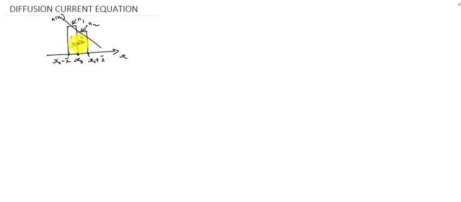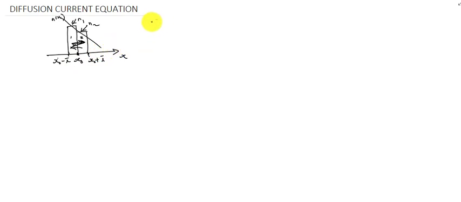So in one mean free time, half of the electrons move from segment 1 to segment 2, and half of the electrons move from segment 2 to segment 1. So from 1 to 2, half of the electrons will cross x0, and from 2 to 1, half of the electrons will cross through x0.